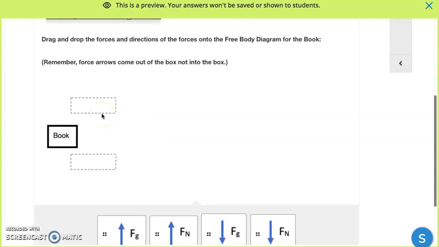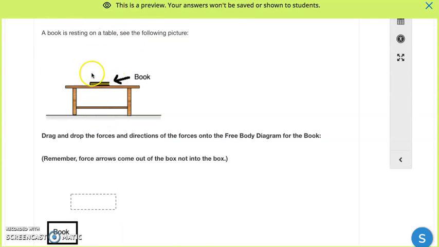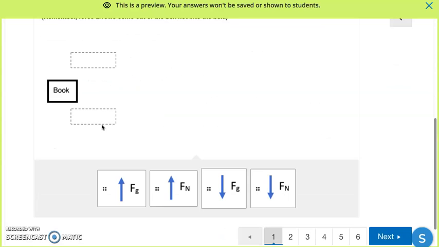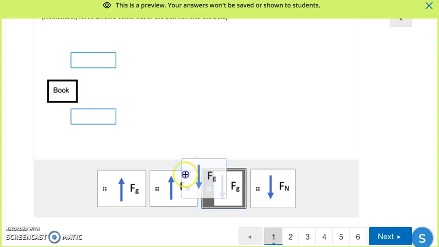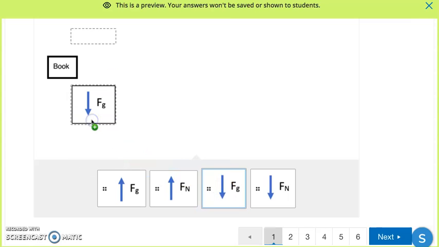So I know that the book needs to have that force from the planet Earth, and in fact, every one of these free body diagrams will need to have that. And that's force gravity, which can either be an arrow up or an arrow down. Force gravity always pulls objects down, so that's a good place to start for each one of these.